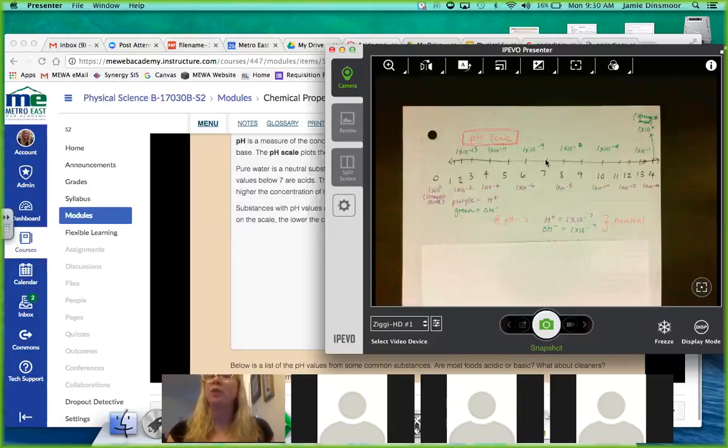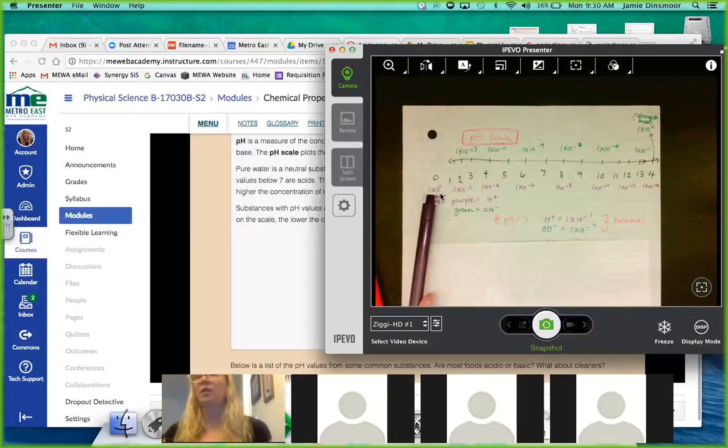Okay, so what I've done here, based on what they had in the lesson, is I just wrote out the concentrations of hydroxide and hydronium ions. So I did hydroniums in purple. What we notice is that for the strongest acid, the concentration of hydronium is 1 times 10 to the 0, which is just 1. That means the highest concentration of hydronium is 1, right?